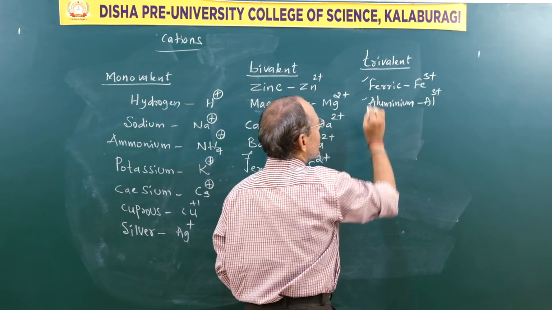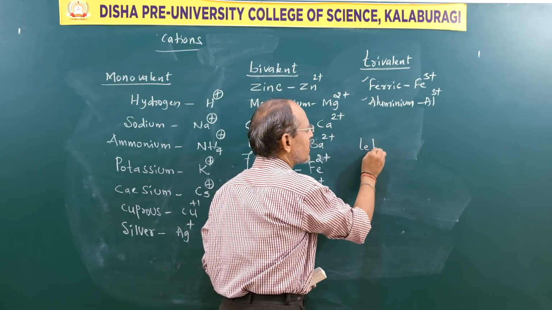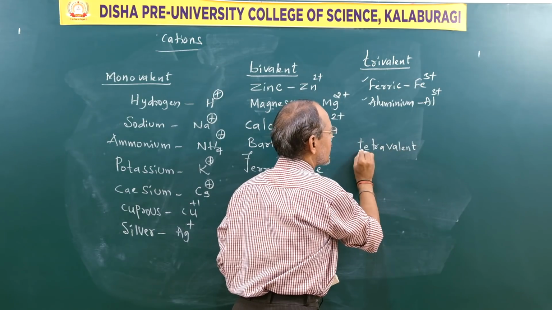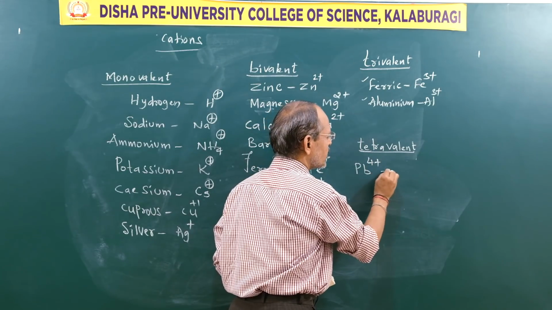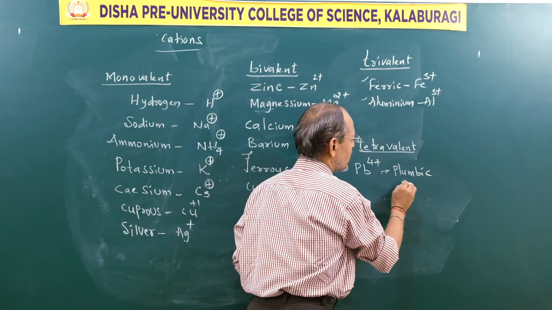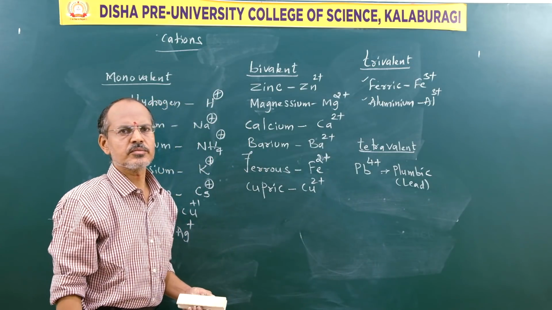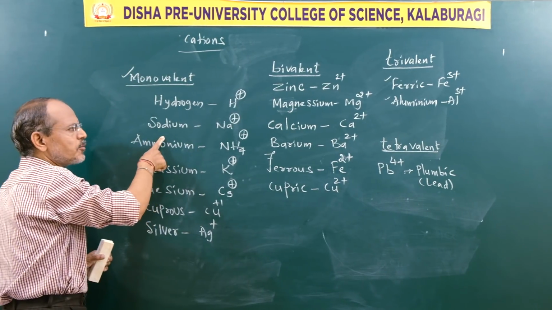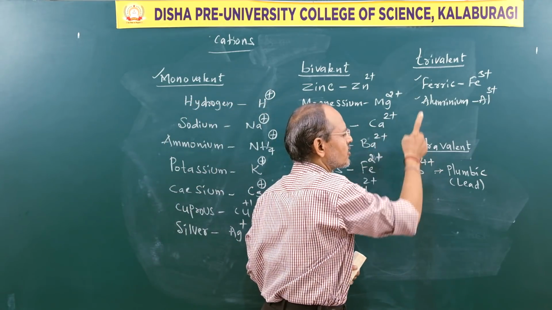Okay, ferric, aluminium. Like that, you can take the tetravalent. So tetravalent Pb4 plus, that we call plumbic, or simply you can say lead, plumbic. So this is about cations having capacity to give up 1 electron, 2 electrons, 3 electrons, and maximum 4 electrons.